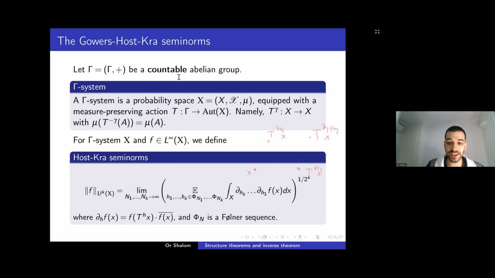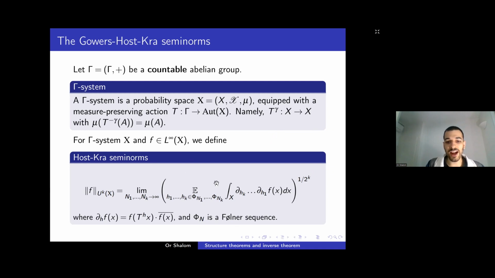So we need to average over an infinite group, and the way to do it is to take Følner sequences. If you think about Z, then a Følner sequence would be the interval from minus n to n, for example. So you just average over the times from minus n to n, and then you take n to infinity. It's not obvious that the limit exists, but it does. So basically, Host-Kra found a way to define an infinite version of the Gowers norms in ergodic theory. That's the point of this slide.